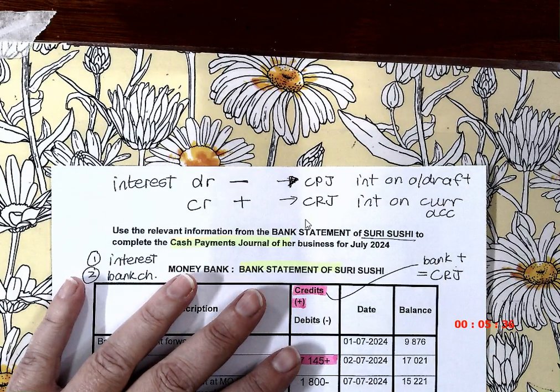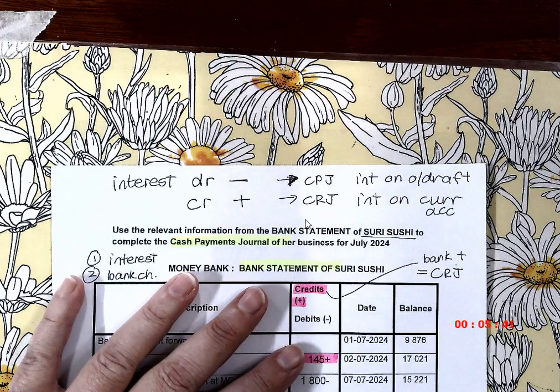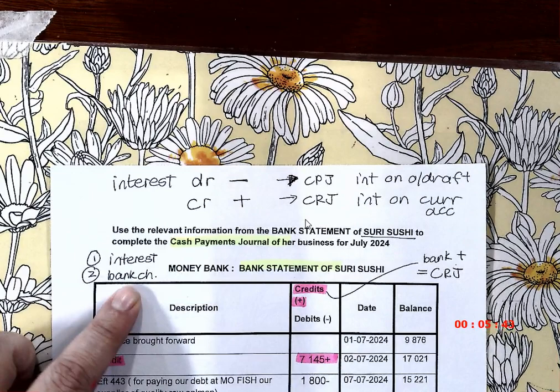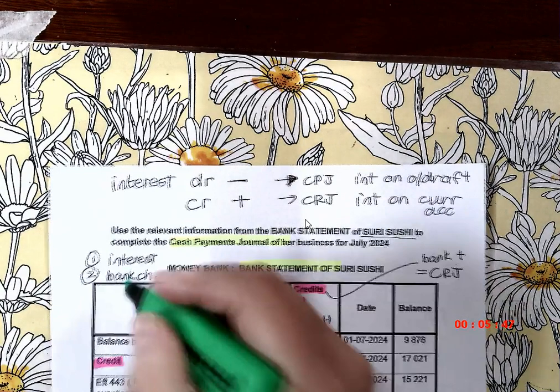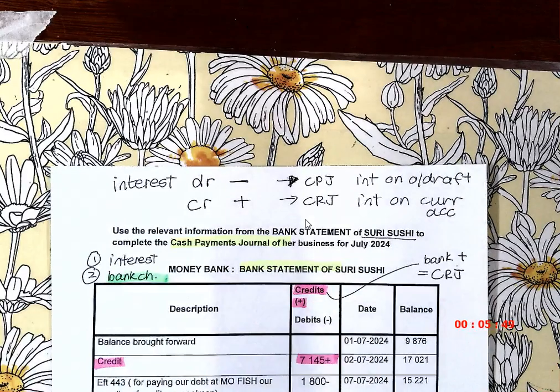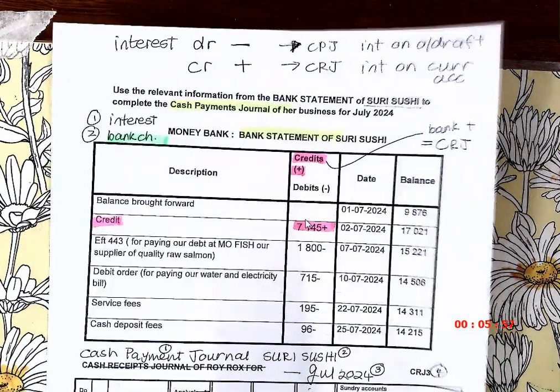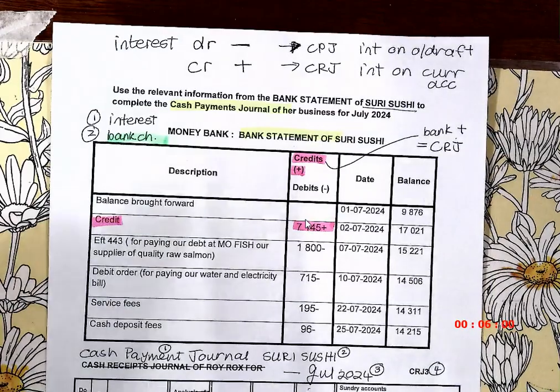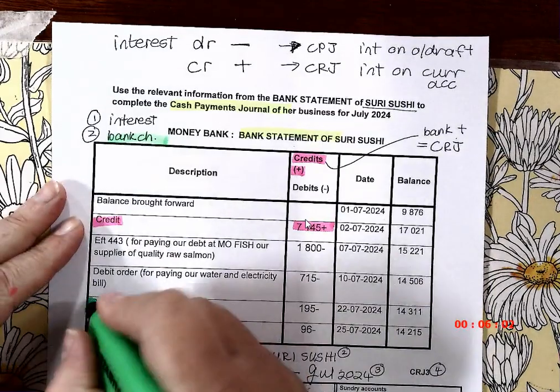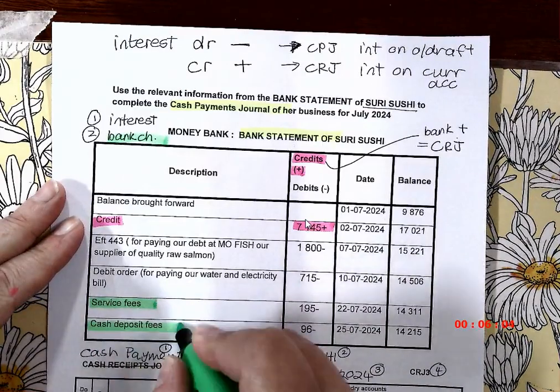So there's no interest in this specific exercise, but there is bank charges. So I want you to quickly go see what is the bank charges. So the bank charges, if I go look, it would be all the stuff with weird names that doesn't have accounts that we know. So for instance, can you see there? Service fees, cash deposit fees.